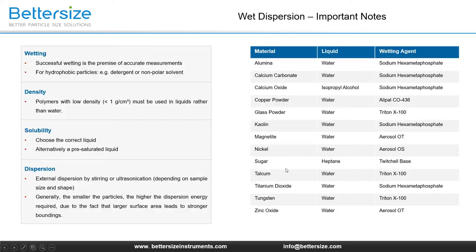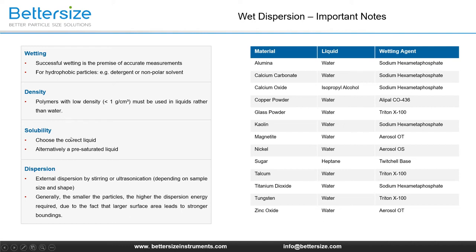Here are important notes when you are carrying out a wet measurement with the Bettersizer 2600. The premise of accurate measurements is successful wetting. For hydrophobic particles, try to use detergents or non-polar solvents for wetting. Sample density and solubility in liquid must be considered.